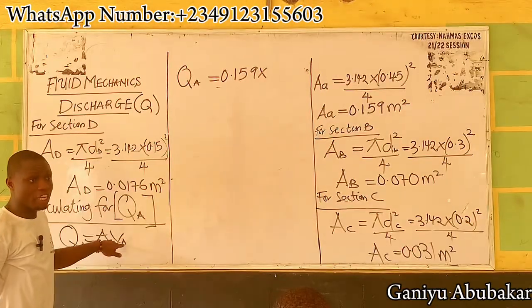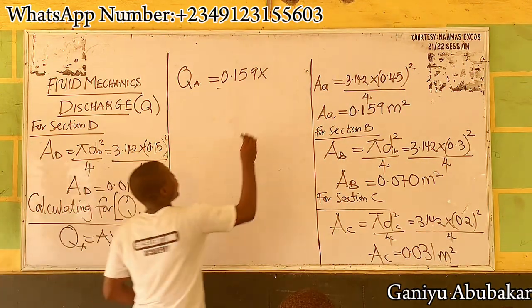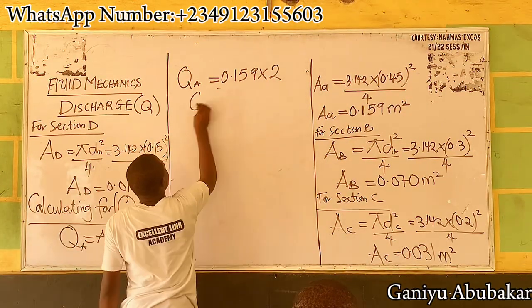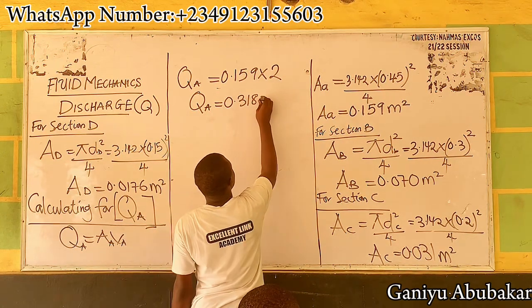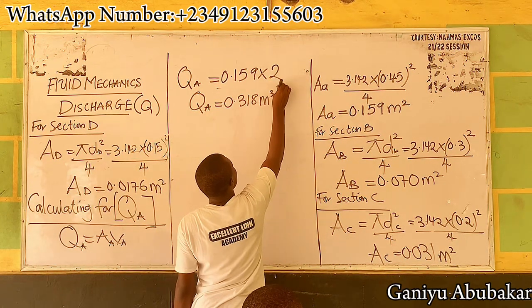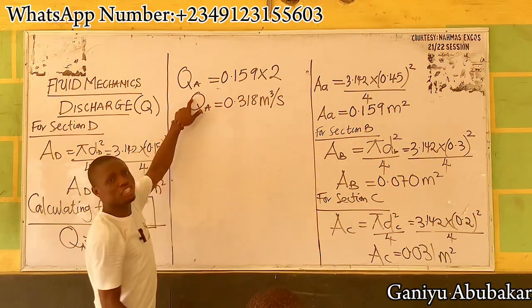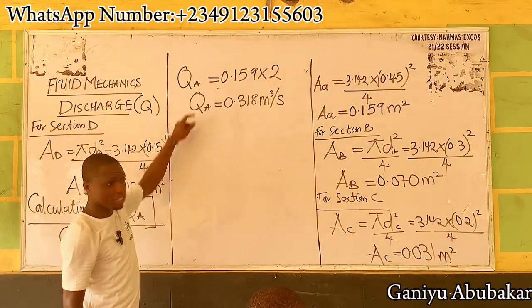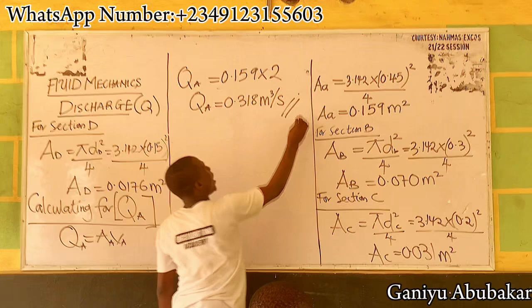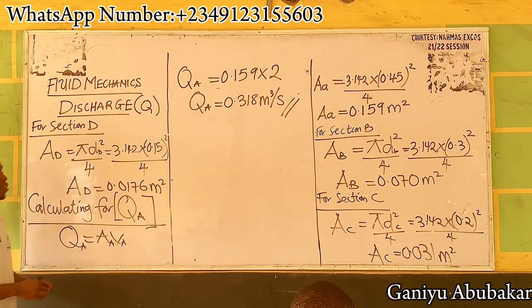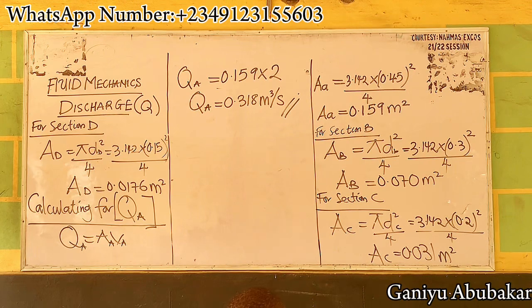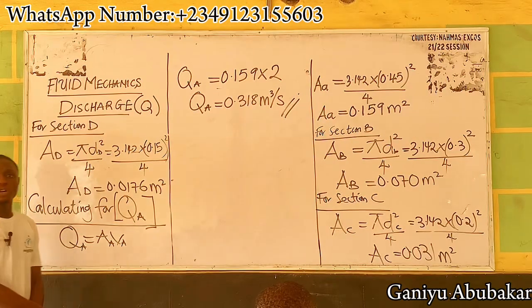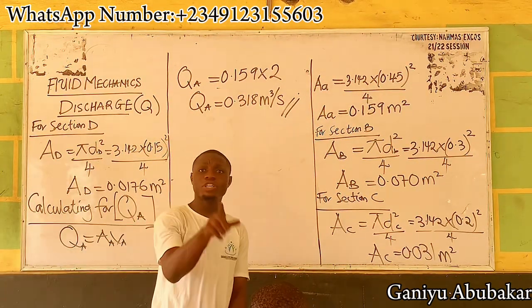So what's QA? 0.318 meter cube per second. That's the discharge. QA is done.